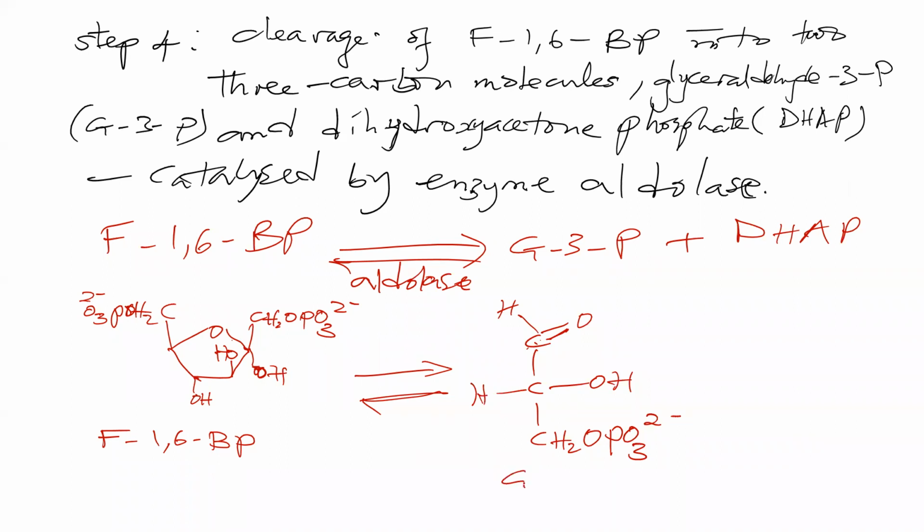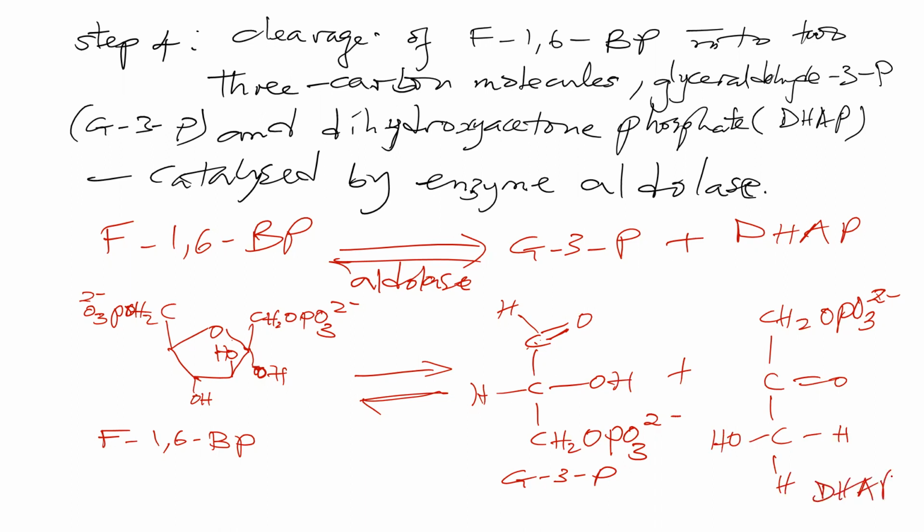So this is glyceraldehyde 3-phosphate plus dihydroxyacetone phosphate. So it's CH2OPO3, 2 minus. Like that. And I'm out of time. Okay, so we'll continue in the next session. But this is dihydroxyacetone phosphate.